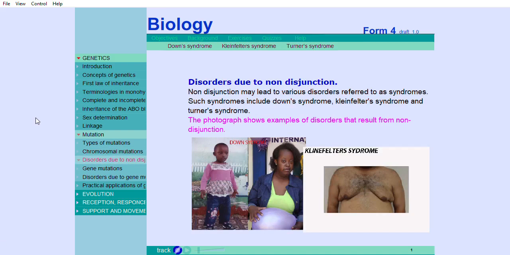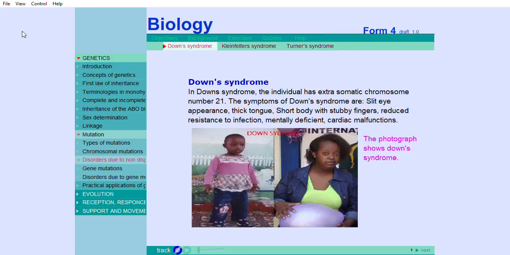Disorders due to non-disjunction. Non-disjunction may lead to various disorders referred to as syndromes. Such syndromes include Down's syndrome, Klinefelter's syndrome, and Turner's syndrome. The photograph shows examples of disorders that result from non-disjunction. Down's syndrome.